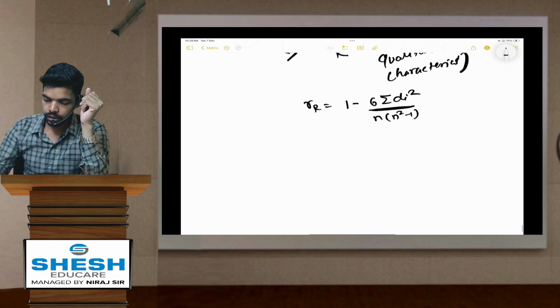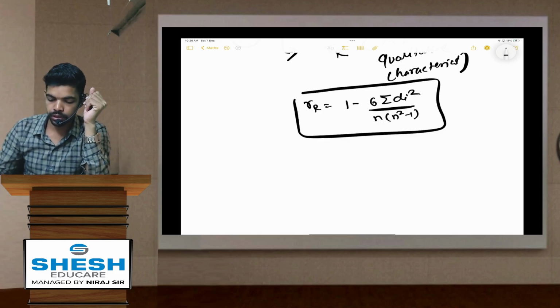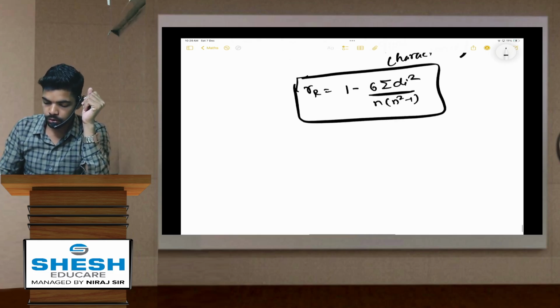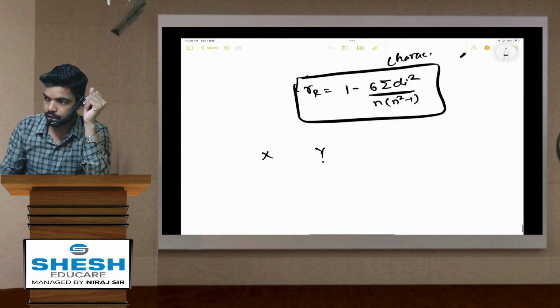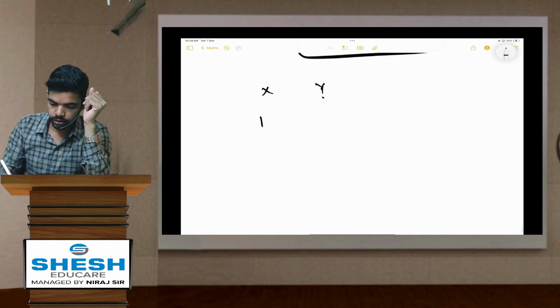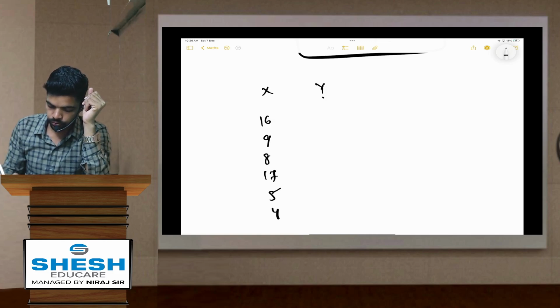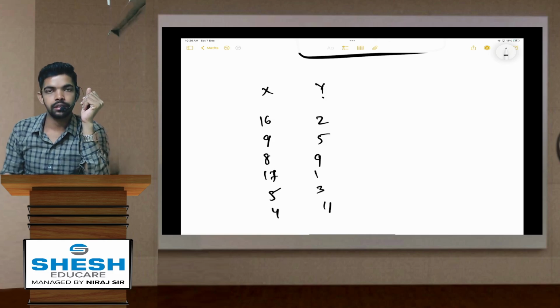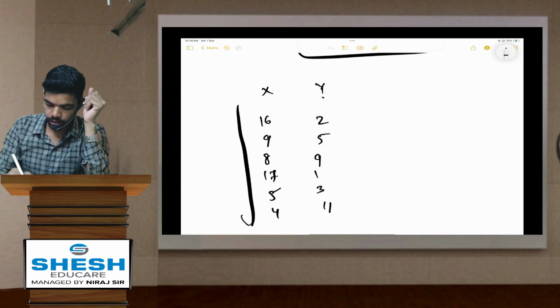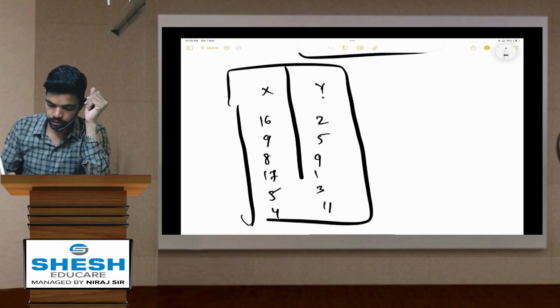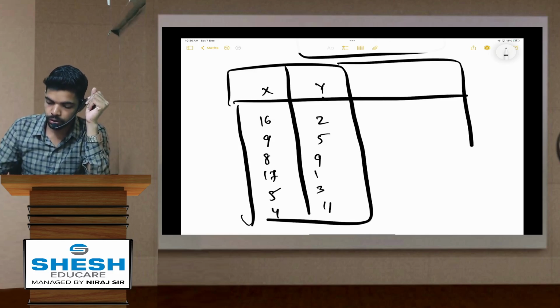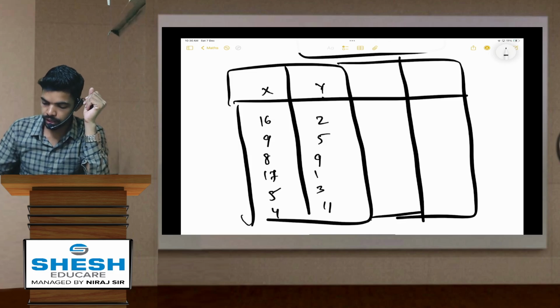How to calculate rank correlation coefficient? Suppose x and y are given, this is 16, 5, 4, 11. Suppose x is given, x and y are given like this. So what we will do, we will first rank them.